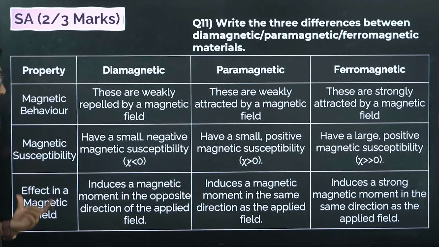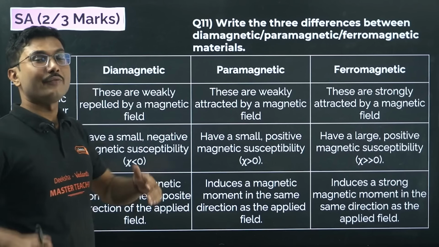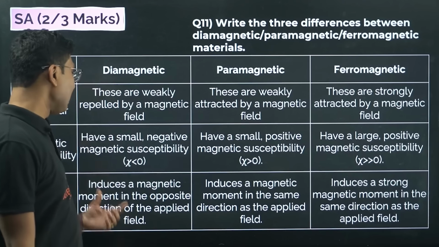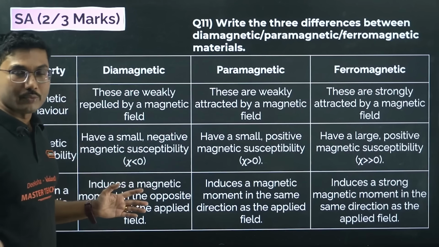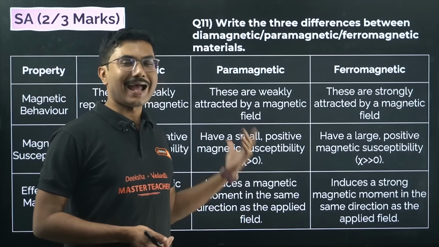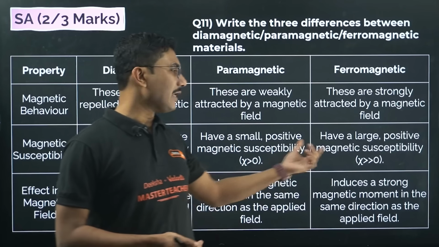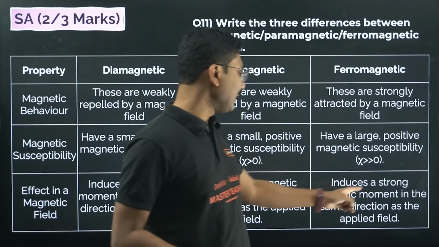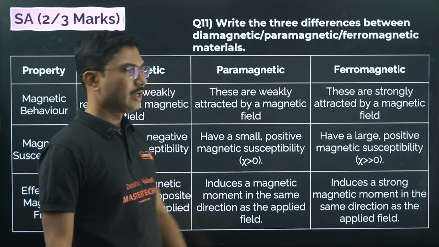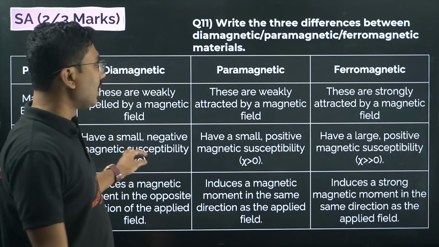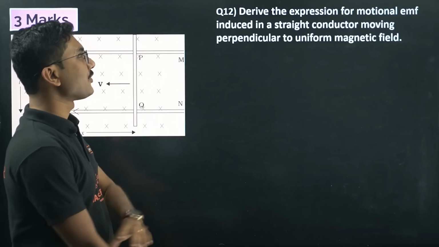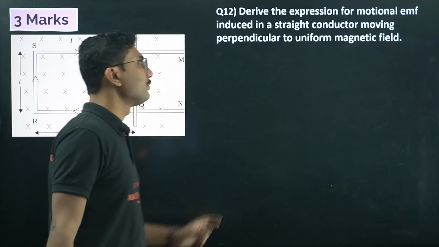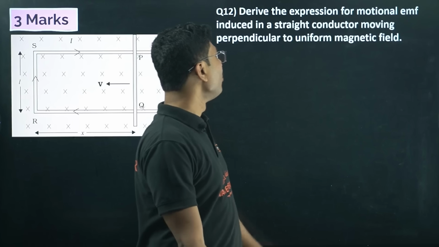What about the effect of magnetic field? When kept in an external magnetic field, the field lines are repelled weakly, the field lines are attracted weakly, the field lines are attracted strongly. Okay, so the magnetic moment is in the same direction as the applied field. Strong magnetic moment.